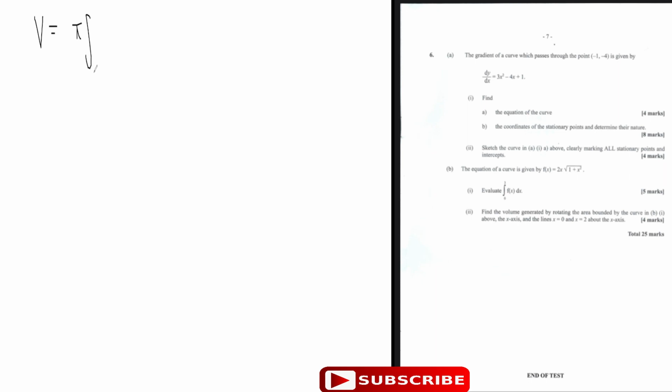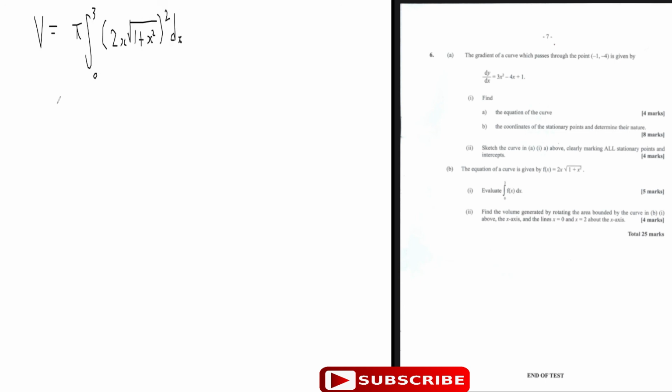So volume is going to be pi times the integral from 0 to 3 of 2x times the square root of 1 plus x squared, all squared, dx. That's going to be the volume.